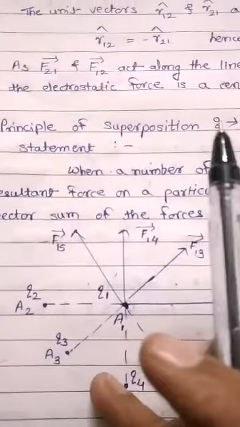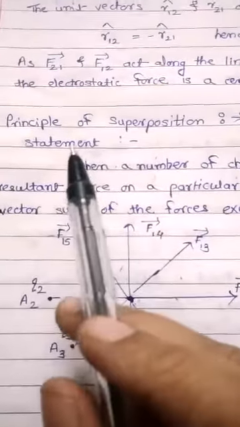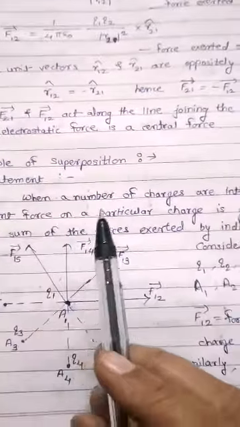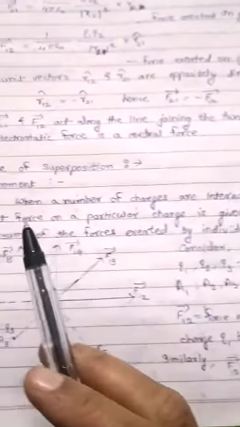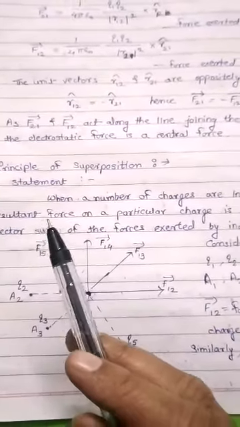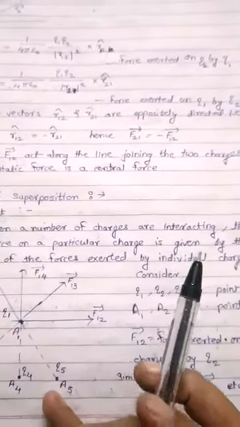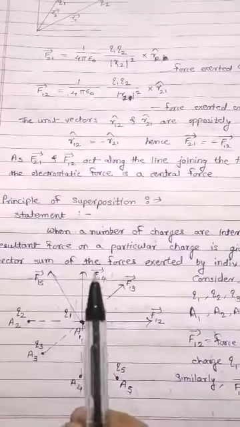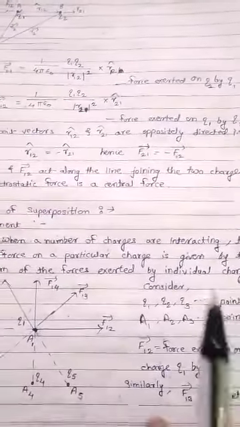Now our next point is the principle of superposition. First, see the statement: when a number of charges are interacting, the resultant force on a particular charge is given by the vector sum of the forces exerted by individual charges.